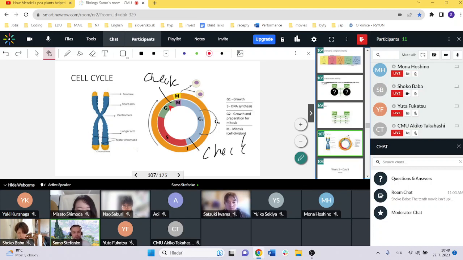If they fix it, then the cell can continue and undergo cell division. However, if not, it can also just remain in position, so there will be no cell cycle going on.